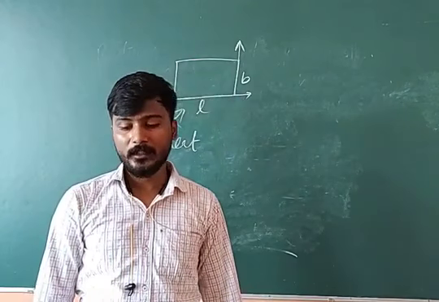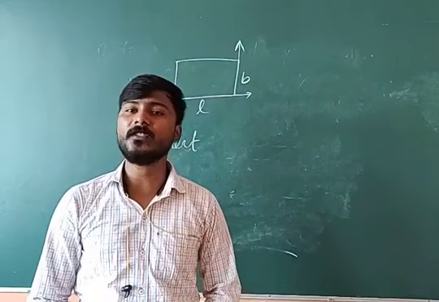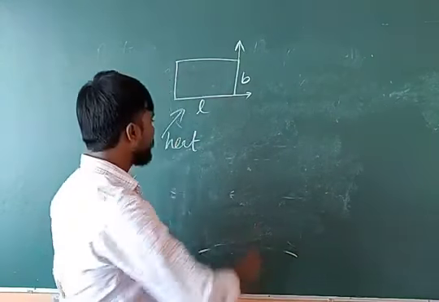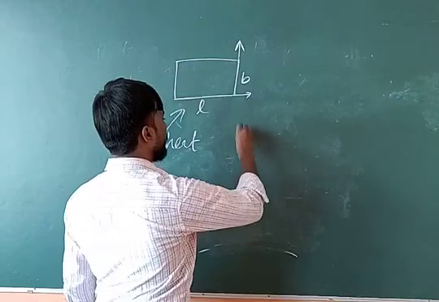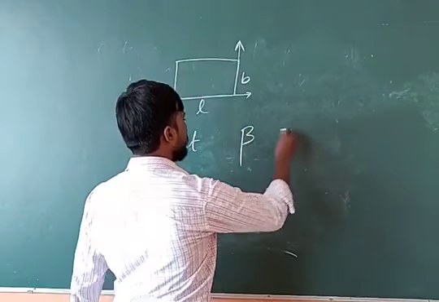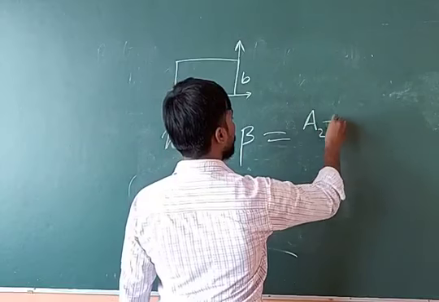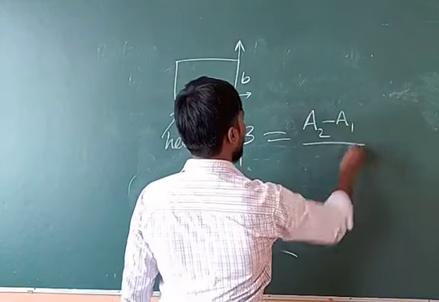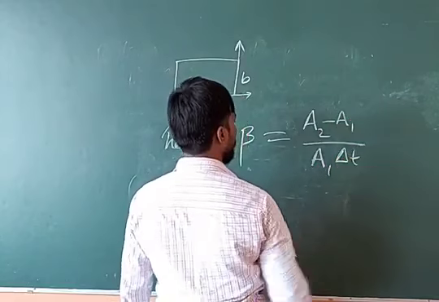Now the next point is the coefficient of superficial expansion, denoted by beta, which is equal to change in area by original area times change in temperature.